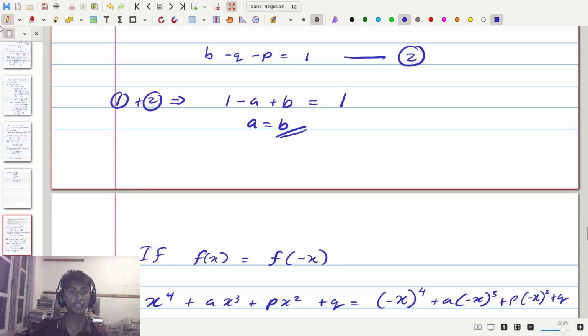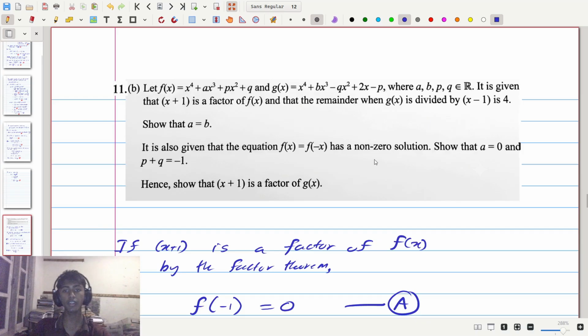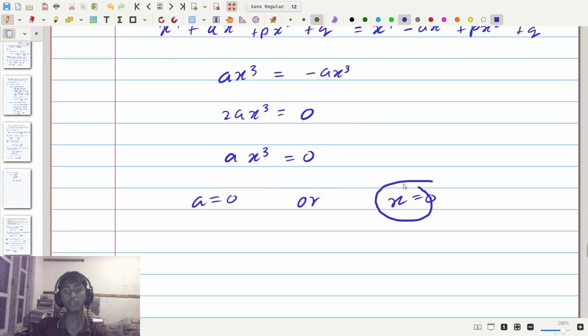Now in the question, they said at the very top here that this equation has a non-zero solution. According to that, the value of x for this solution cannot be equal to 0, so this is false.